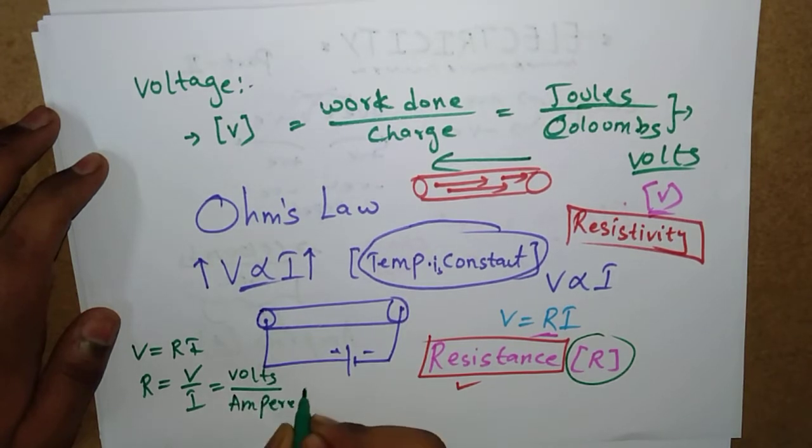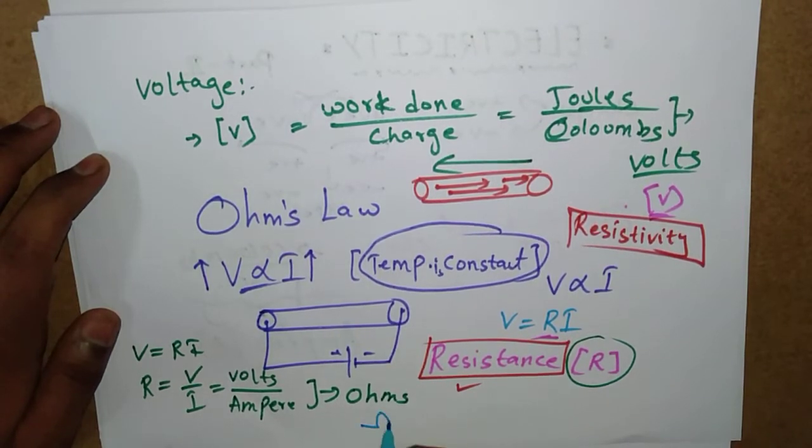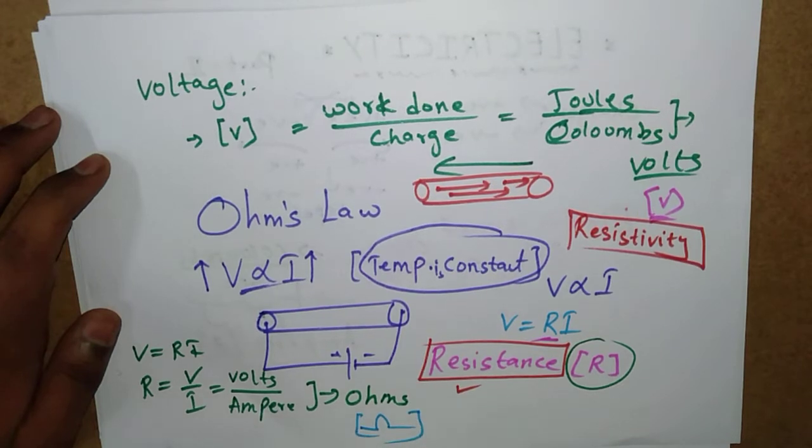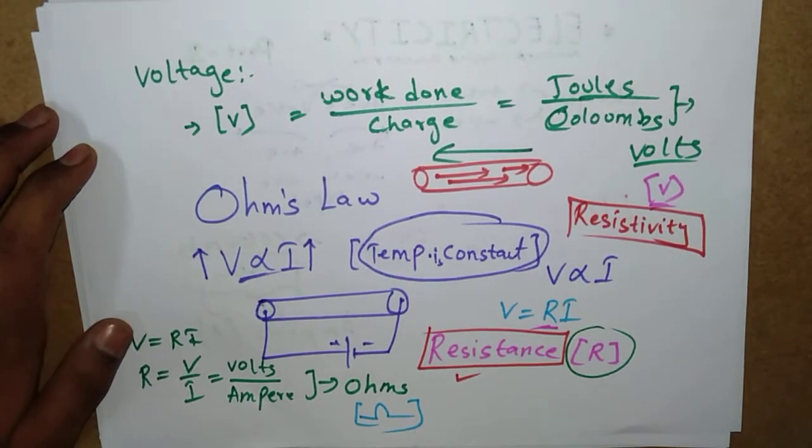So volt per ampere is nothing but ohms, and ohms is denoted by this sign. So resistance having the unit called ohms is denoted by this expression.